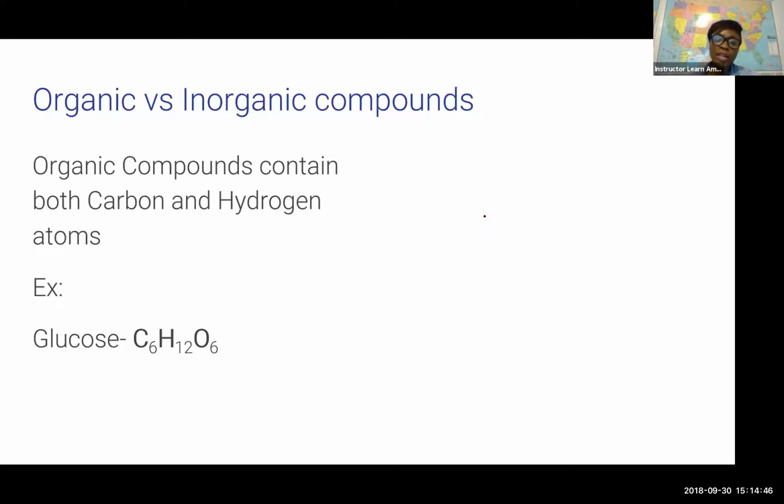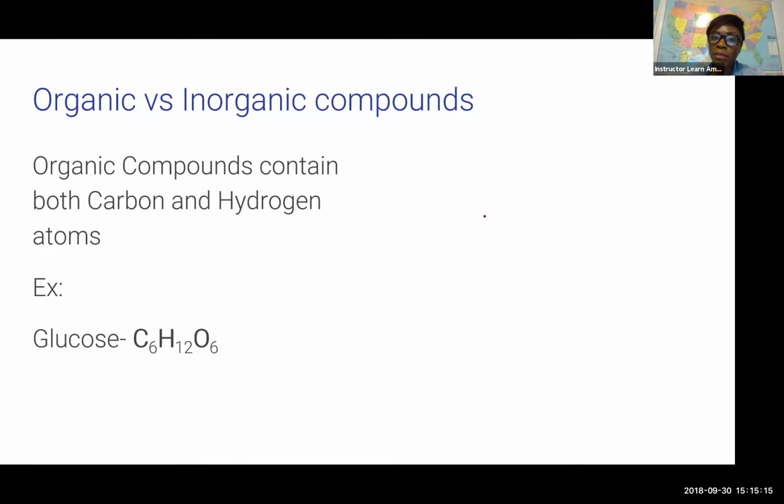So sugar was one of the examples we mentioned before. It has the carbon, hydrogen, and oxygen in it. So any compound that's made up of these elements is referred to as being an organic compound. Not that they're made organically, it's the compounds found in them that make them organic. Because I do notice sometimes students will confuse the two, the difference between grown organically and something that is organic.